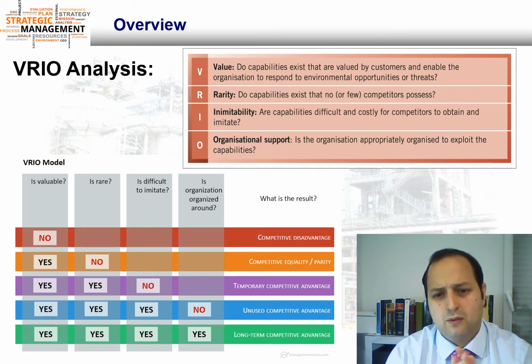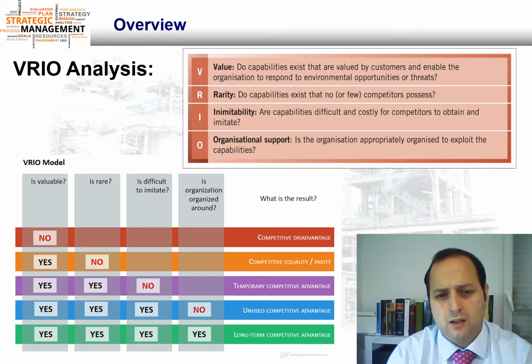In this case, we have to ask if our competitive advantage is costly to copy or difficult to obtain for our competitors. And when we speak about organizational support, we have to ask if our company is appropriately organized to exploit such capabilities. As you know, the 4 factors have to be together so that we can have a sustainable competitive advantage, a durable competitive advantage.